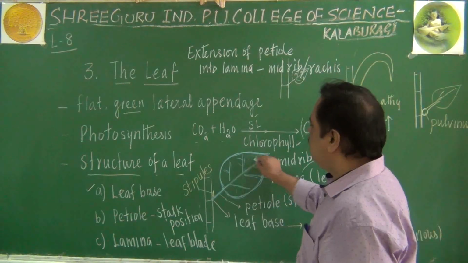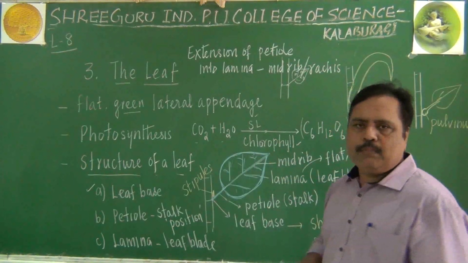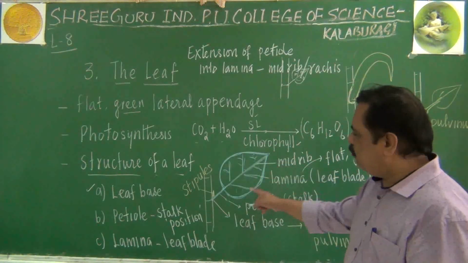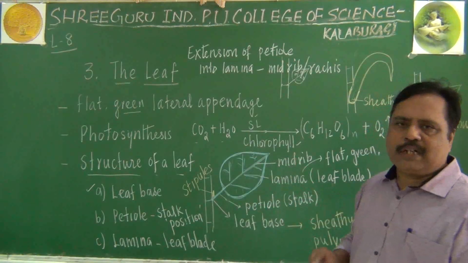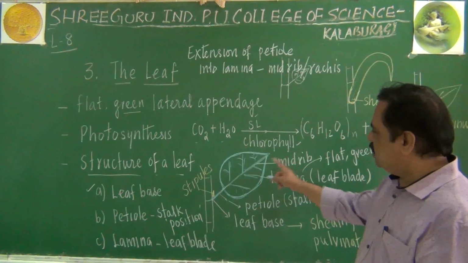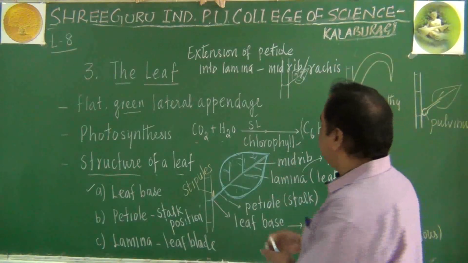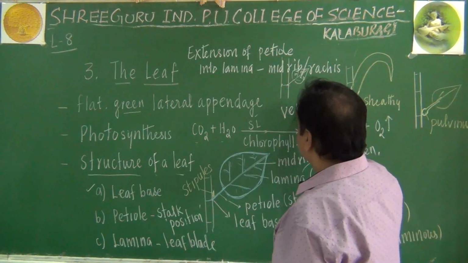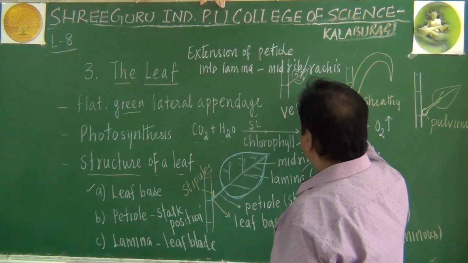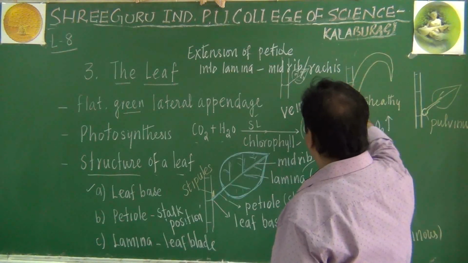There will be primary and secondary branches. This type of branches formed from midrib will be known as veins. They are called veins and veinlets.